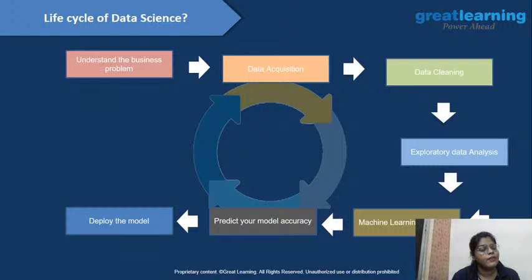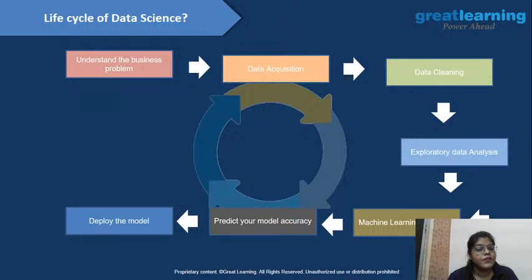Then you have to have an idea about statistics, right? And you have to have a good idea about programming languages. So these are the basic things: linear algebra, basic statistics, and programming languages. These are the basic things you need to have an idea about to start with data science, right? So exploratory data analysis is nothing but giving some good understanding of the data using some statistical concepts.